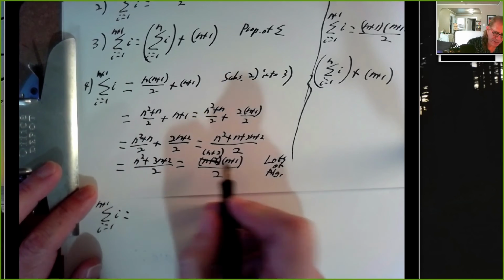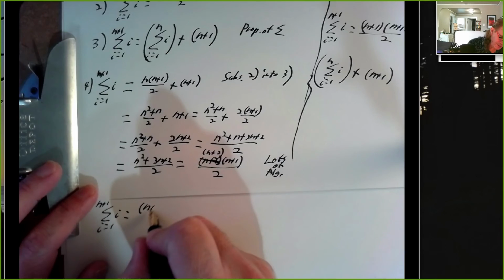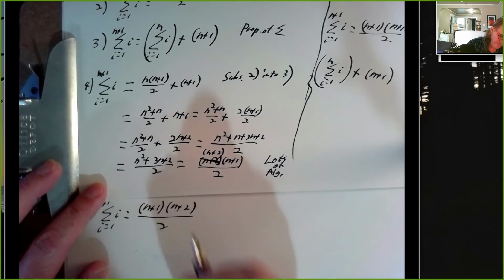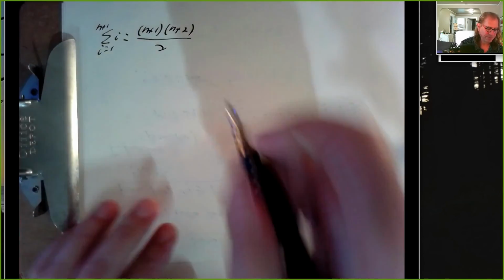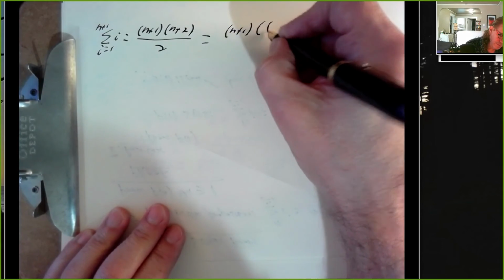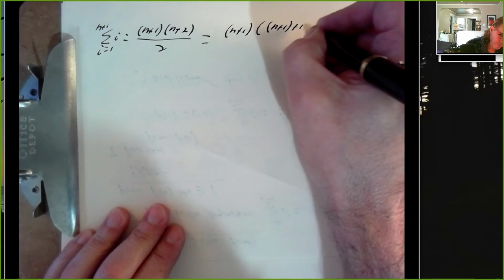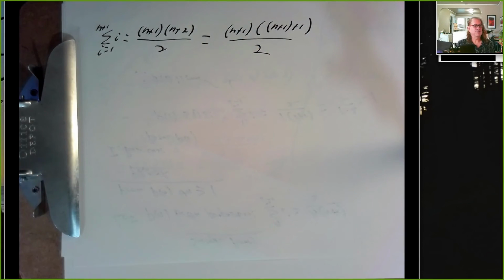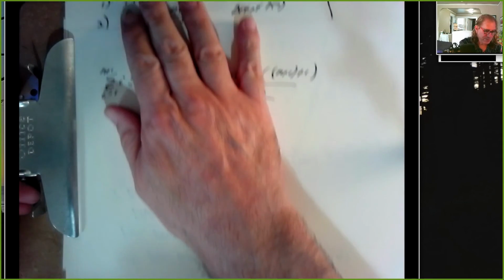And let me swap my terms around. Let me write it as n plus 1 times n plus 2 over 2. So we'll do a little more algebra here. And I'll rewrite n plus 2 as n plus 1 plus 1. All right, well now what have I done?